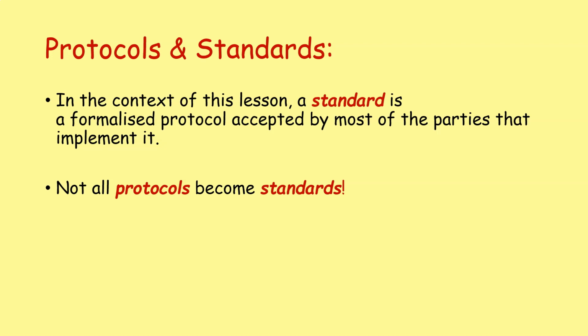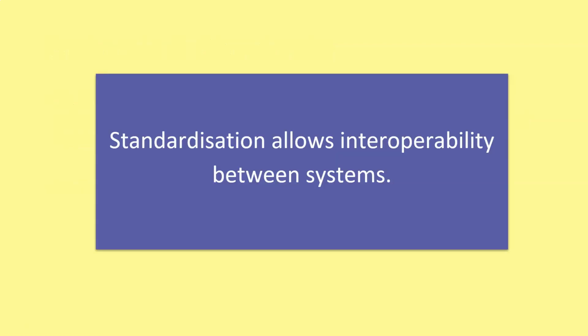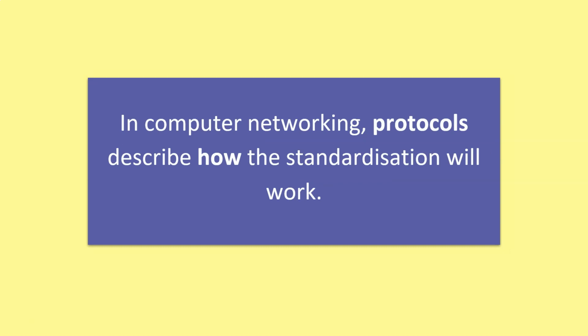Anybody can come up with a new set of rules for transmitting data, but it only becomes a standard if enough people agree to use it. So standardization allows interoperability between systems. That's a nice word, but it just means that they can work together. In computer networking, protocols describe how the standardization will work.